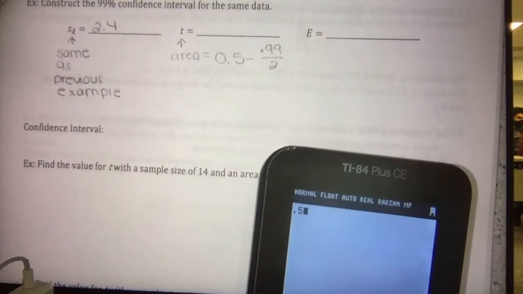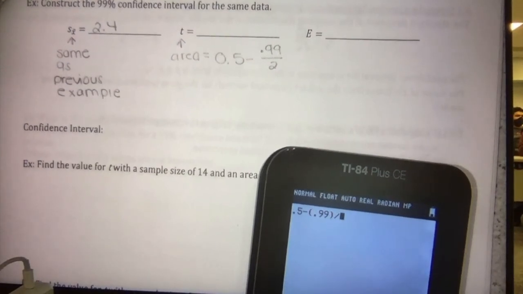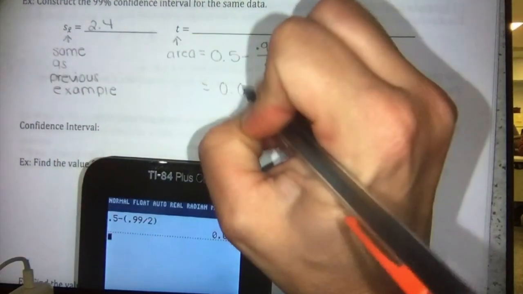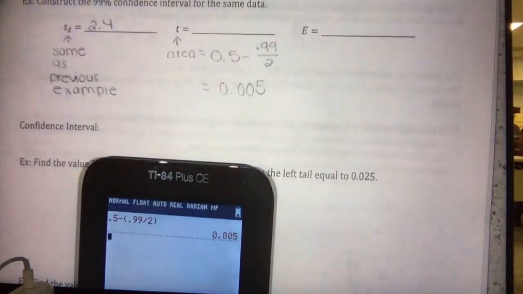So 0.5 minus 0.99 divided by 2, and that will give us 0.005. So that's the area we're going to use on our t table.